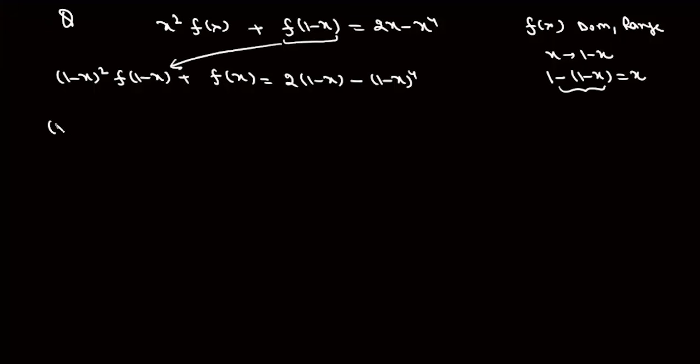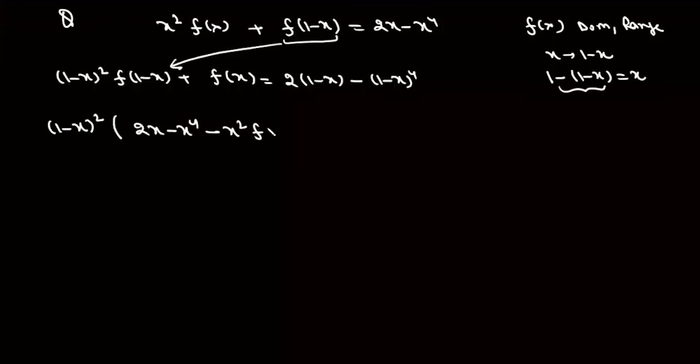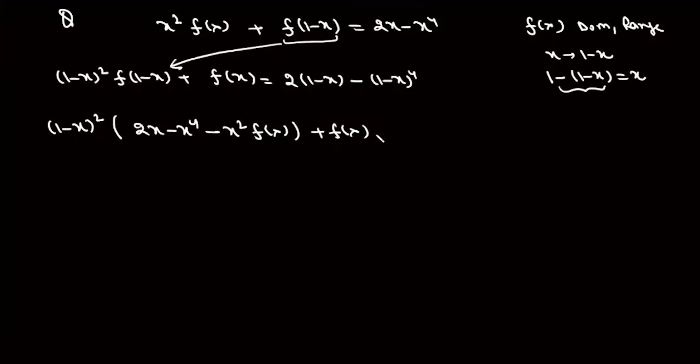So it'll be this (1 minus x) square, and f(1 minus x) will be 2x minus x to the power 4 minus x square f(x) plus f(x), and then this is 2(1 minus x) minus (1 minus x) to the power 4. So from here we'll get f(x), and all that remains is mere calculation.